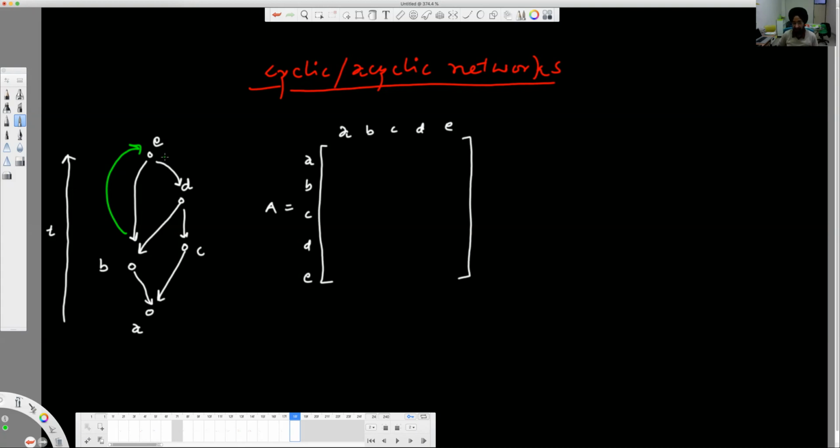Remember, this is a citation network. You're citing papers. Look at the time. An old paper can't cite the new paper, right?